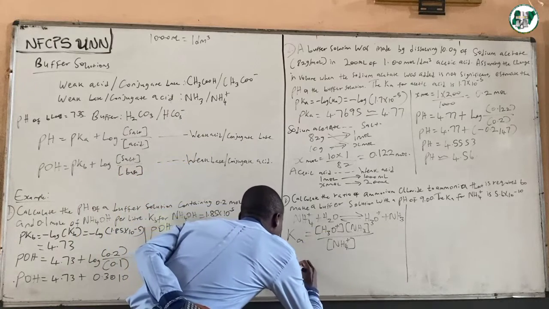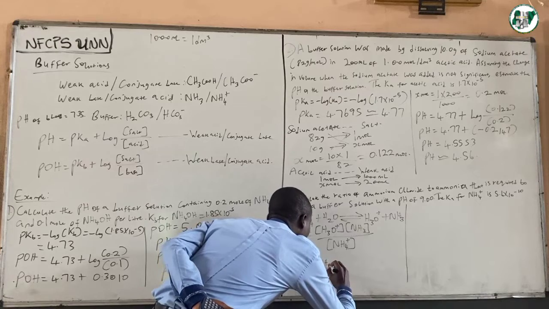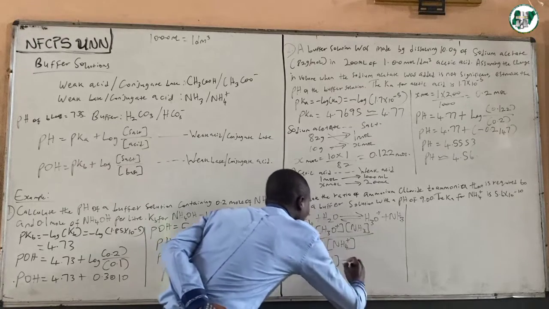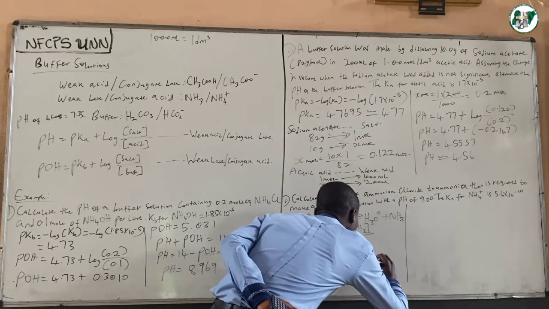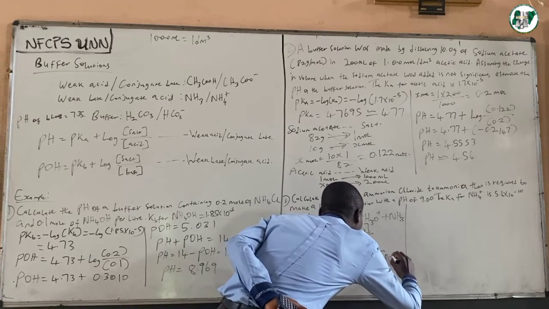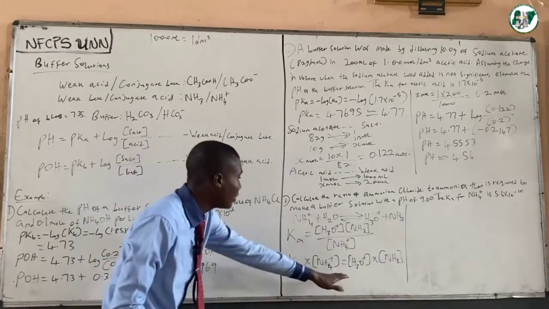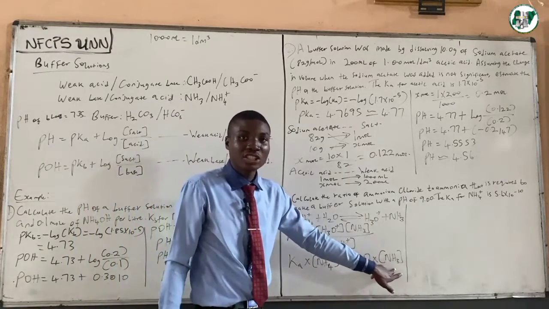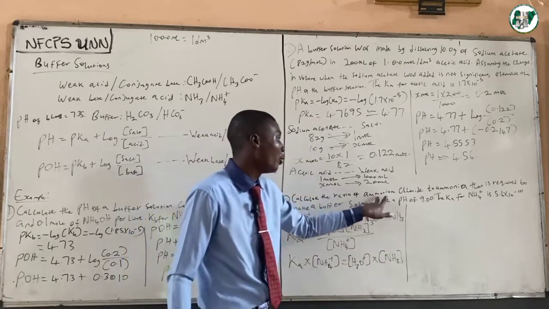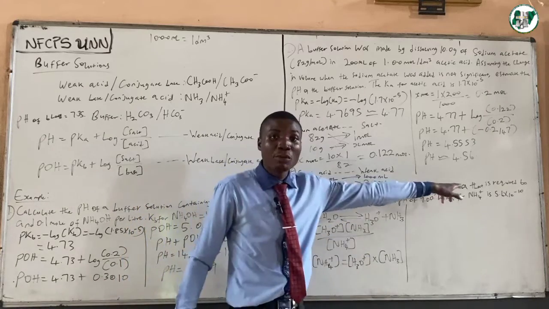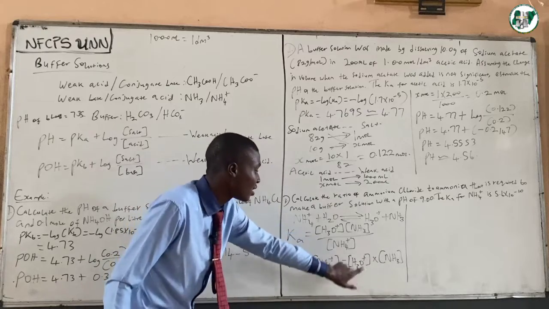Ka times the concentration of ammonium ion is equal to the concentration of H3O+ times the concentration of ammonia. So we can divide both sides by NH3, and then we have NH4+ divided by NH3, which is the ratio of ammonium chloride to ammonia. Then we can divide both sides by Ka.